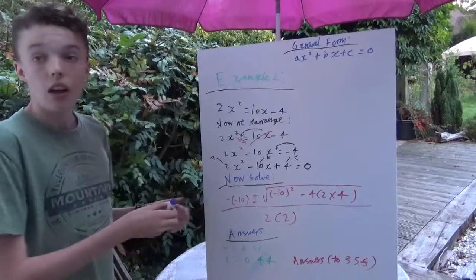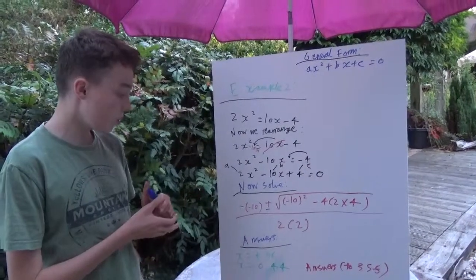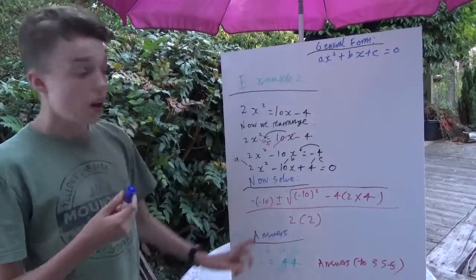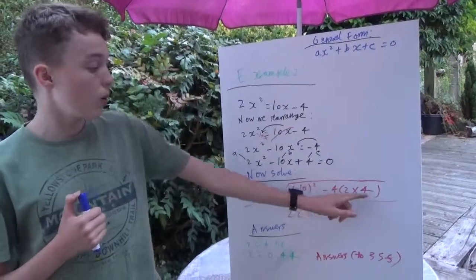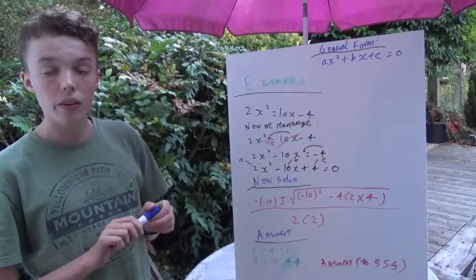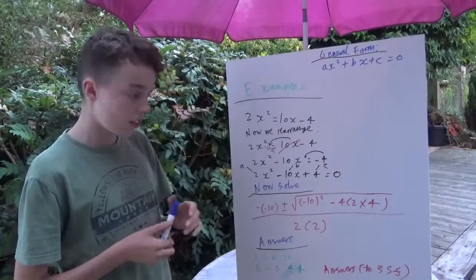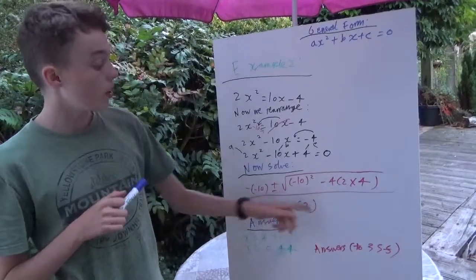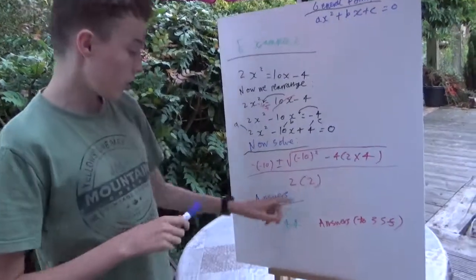So x equals minus b, so minus minus 10, which equals positive 10, plus or minus the square root of b squared, and b was minus 10, minus 4ac, and a was 2, and c was 4, and all of this is over the denominator of 2a, which, a was 2, so it's just going to be 4.